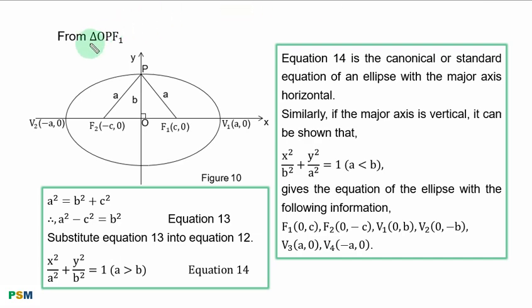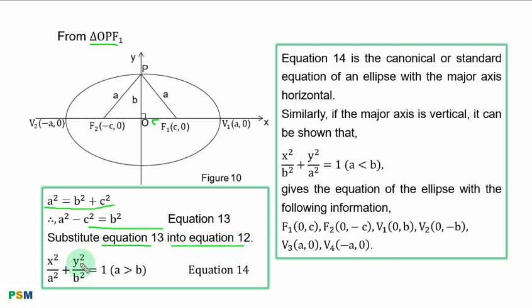From triangle OPF1, this point is c. By Pythagoras rule, a squared is equal to b squared plus c squared. If you make b squared the subject by transferring plus c squared to the left hand side, you have equation 13. Substitute equation 13 into equation 12.